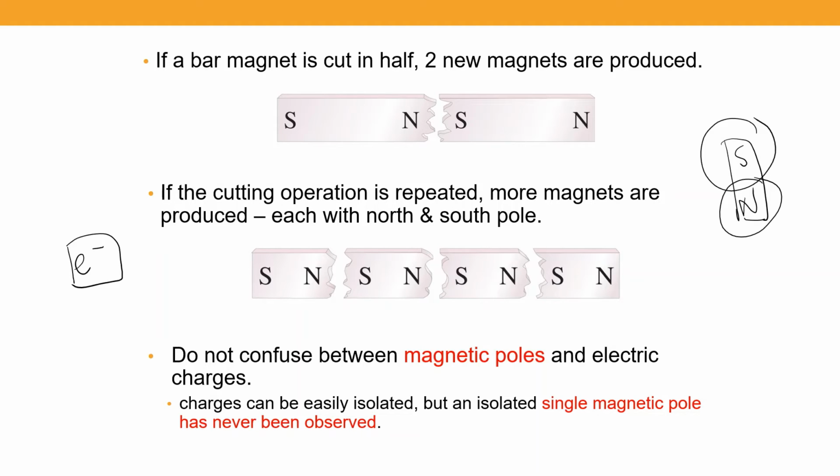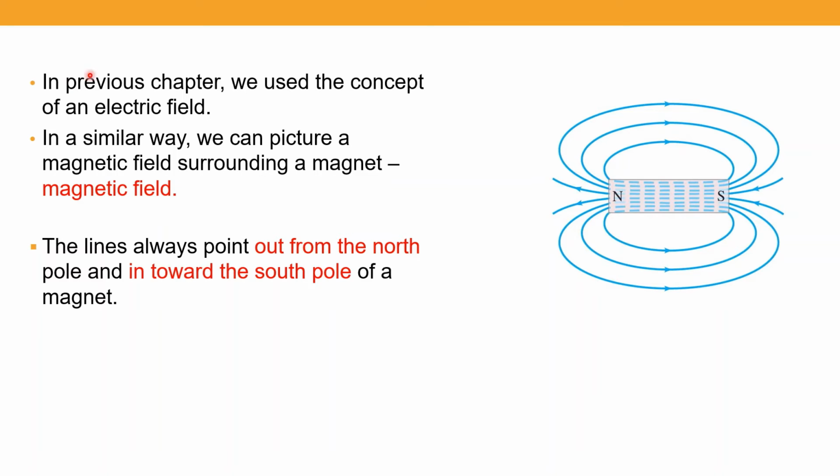So charges can be easily isolated, which means that they can exist on its own, just the positive charge or just the negative charge. But an isolated single magnetic pole, for example, only south pole, has never been observed. So in chapter 7, we have used the concept of electric field. For example, if we put a positive charge somewhere, then there will be electric field all around it.